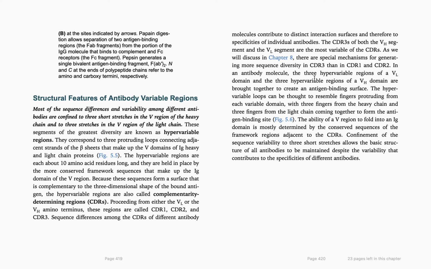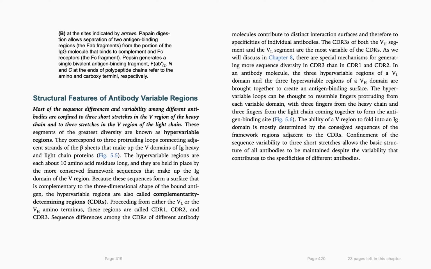In the antibody molecule, the three hypervariable regions of the variable light domain and the three hypervariable regions of the variable heavy chain domain are brought together to create an antigen binding surface. Hypervariable loops can be thought to resemble fingers protruding from each variable domain, with 3 fingers from the heavy chain and 3 fingers from the light chain coming together to form an antigen binding site.